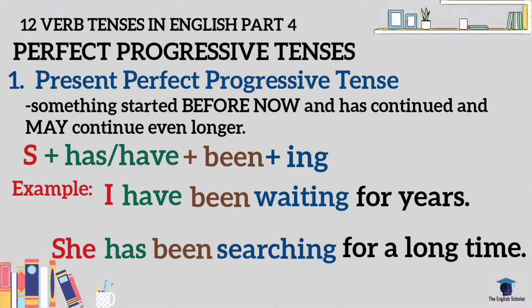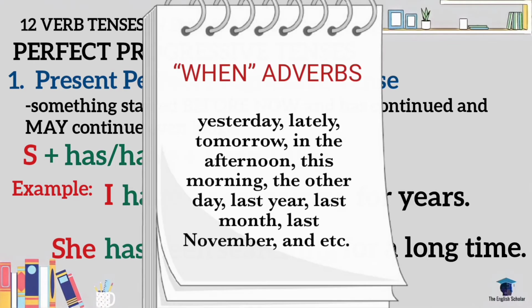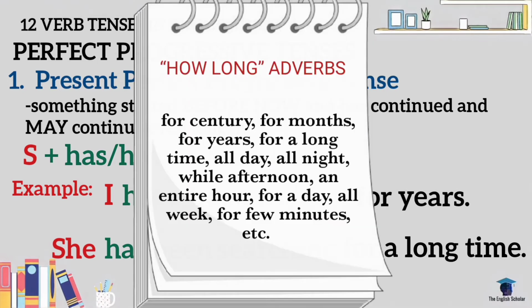We actually have 3 types of adverbs of time. 1. Adverbs that tell us when, like yesterday, lately, tomorrow, in the afternoon, this morning, the other day, last year, last month, last November, and many more. Number 2.